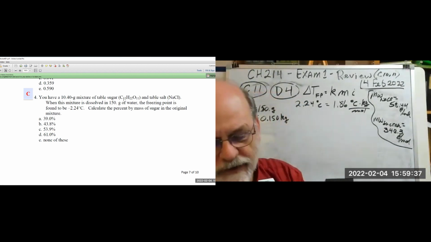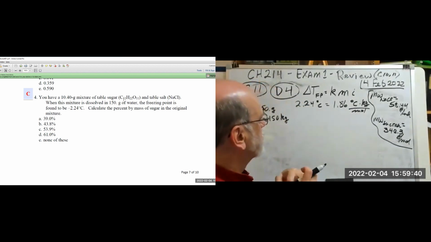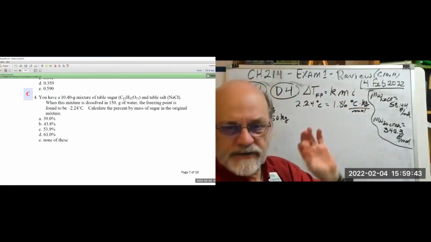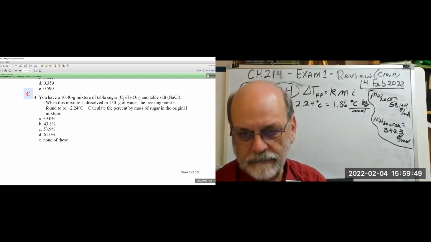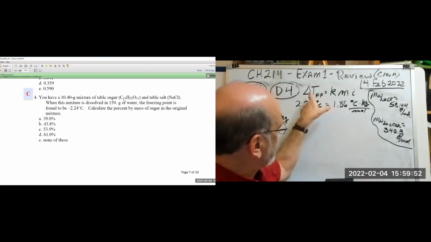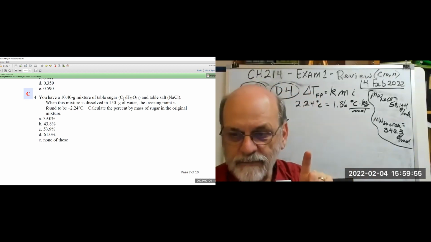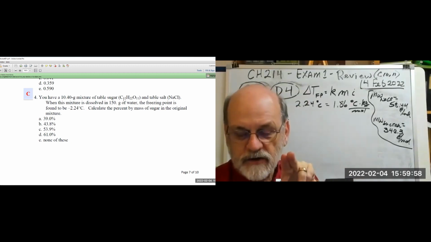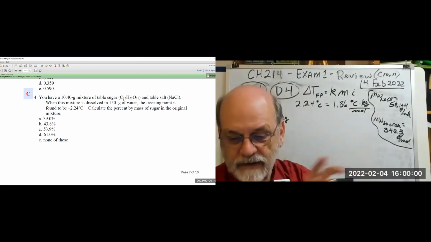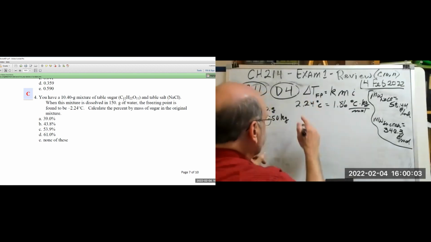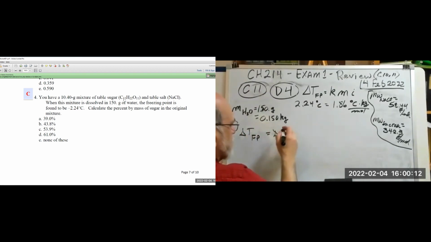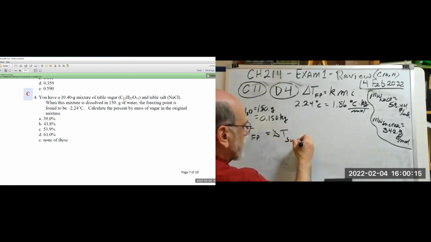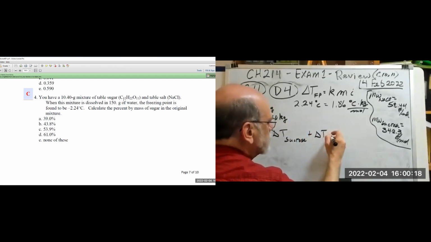All right, here's the trick. These solutes behave independently. So this change in freezing point can be seen as a summation of a change for each one, independent of each other. So this delta T total is equal to the change due to sucrose plus the change due to sodium chloride.